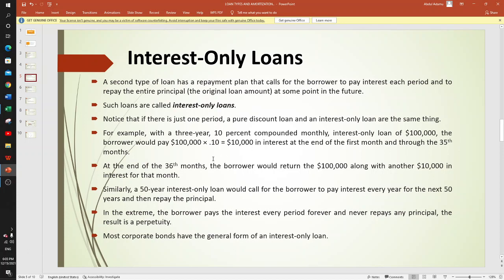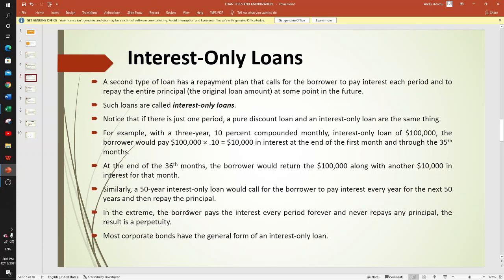But at the end of third month, they will pay 10,000 plus the amount they borrowed. So for instance, if it's 50,000 interest only for 50 years, they'll have to pay the same interest for 49 periods. The 50th year, they will pay the same interest and the principal at the same time.